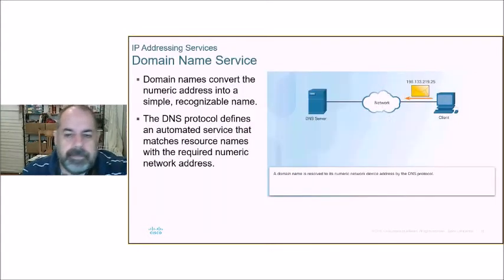So another application layer protocol, of course, is DNS. So Domain Name Service converts basically the human-friendly name into a computer-friendly IP address. And so the DNS protocol defines an automated service that matches resource names to the required numeric network address.